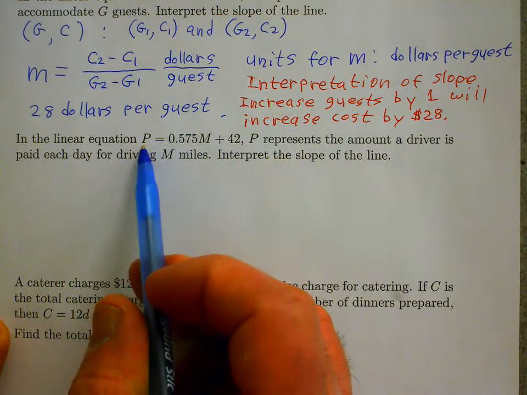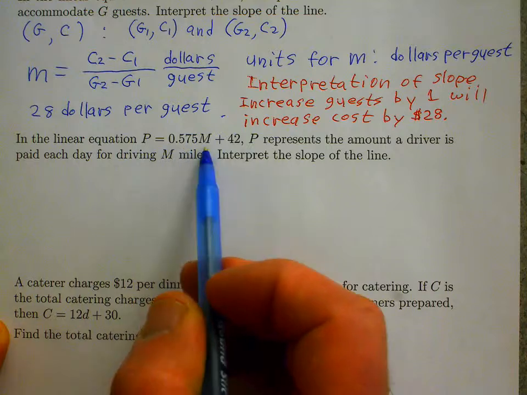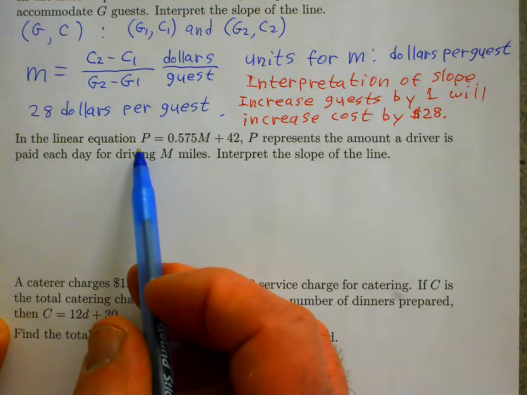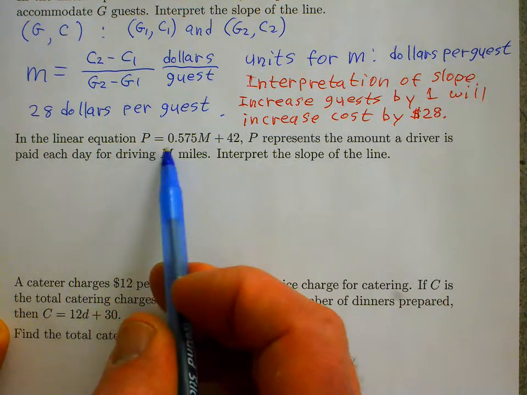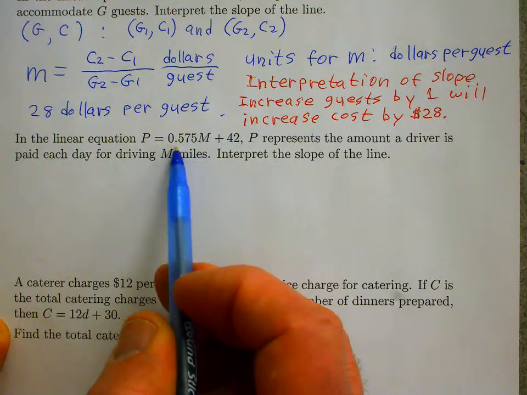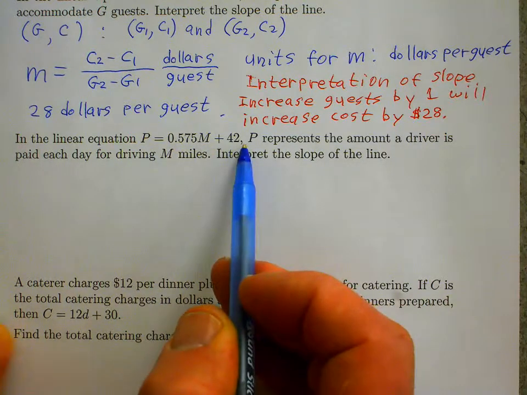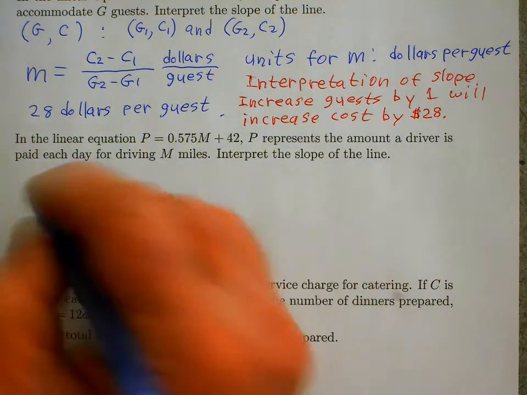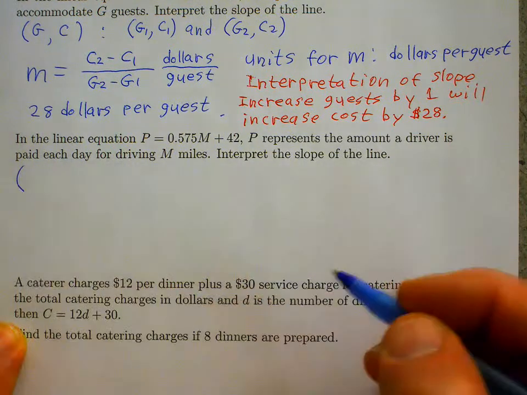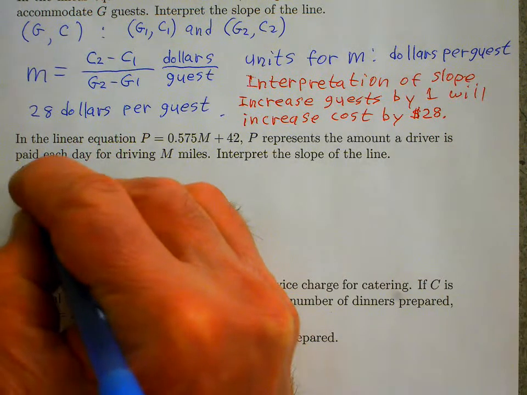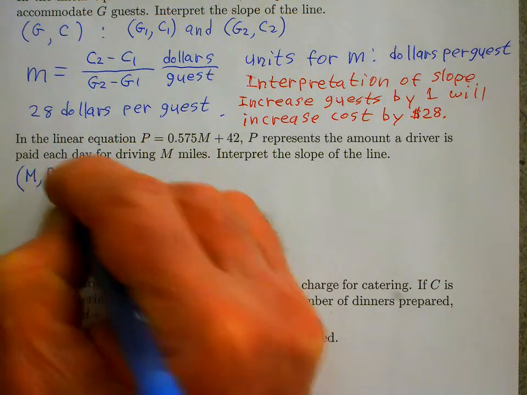Okay, we don't have y equals mx plus b. We have P equals lowercase m times capital M plus 42. So the ordered pairs, instead of x, y, would be capital M, comma, capital P.